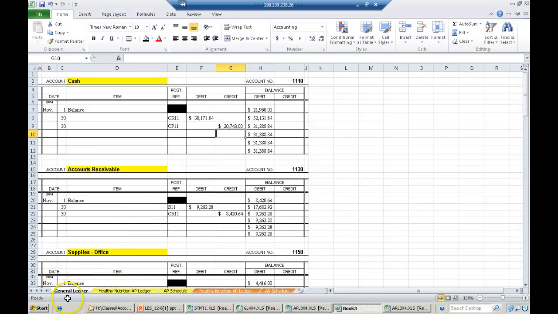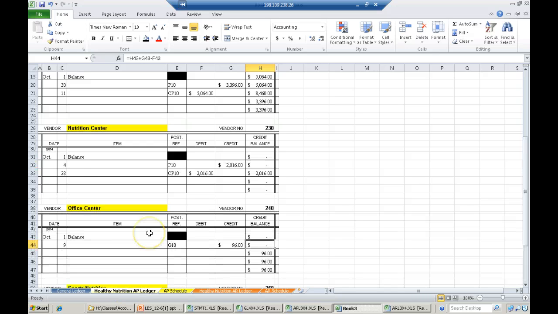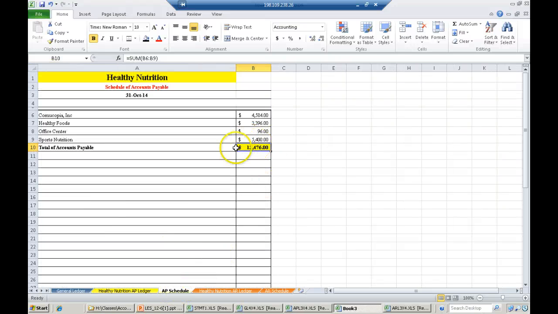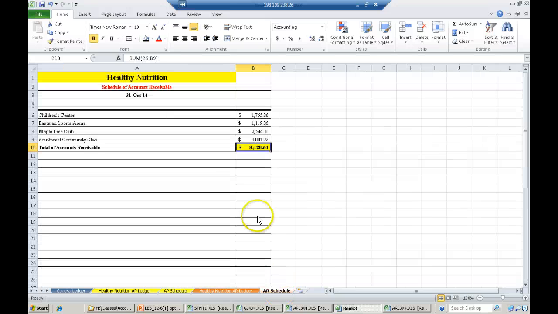Again, you should also have down here at the bottom the accounts payable subsidiary ledgers. These are vendors that we owe. Here's our total amount of what we owe. Accounts receivable ledgers show the amount of what someone else owes us.